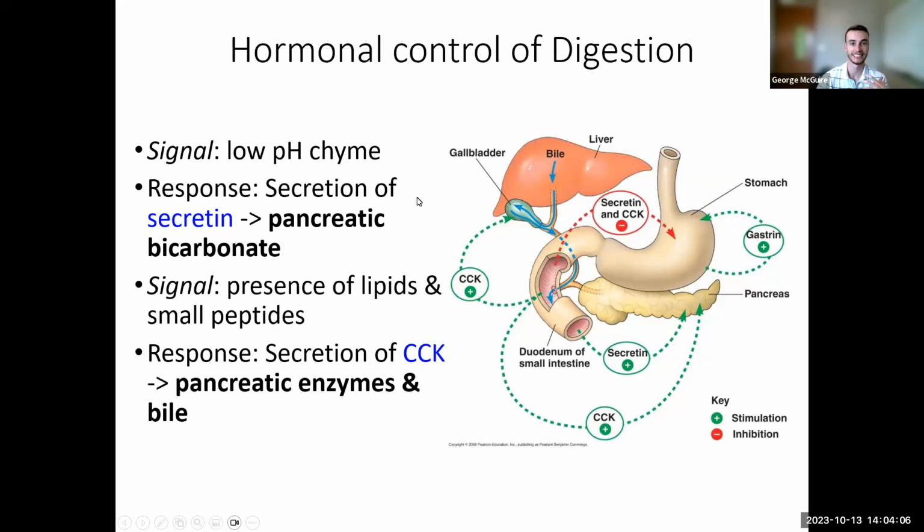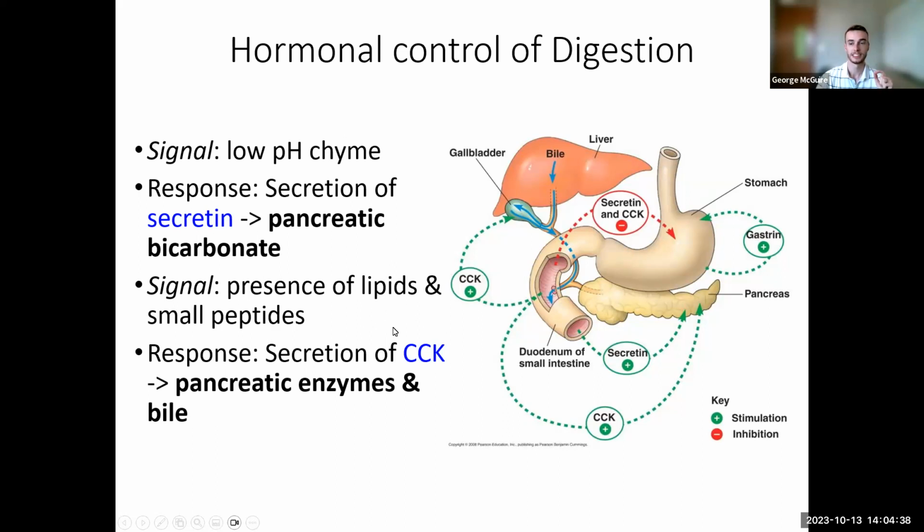Our cells can sense that low pH, and that will increase the secretion of pancreatic bicarbonate to buffer that chyme and make it more basic. That is in response to another hormone called secretin. When we sense that low pH coming from the chyme in the stomach, secretin gets released, which tells the pancreas to release bicarbonates, which will help buffer that solution.